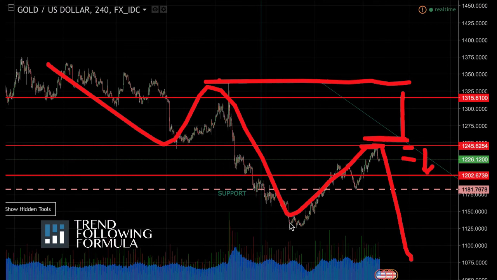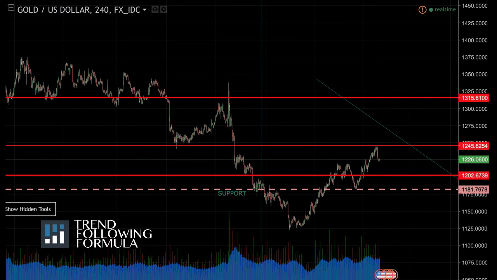Look at that trend, for example, here. Sorry for that. Look at the trend here. The trend keeps continuing. You see, it makes lower lows and lower highs.